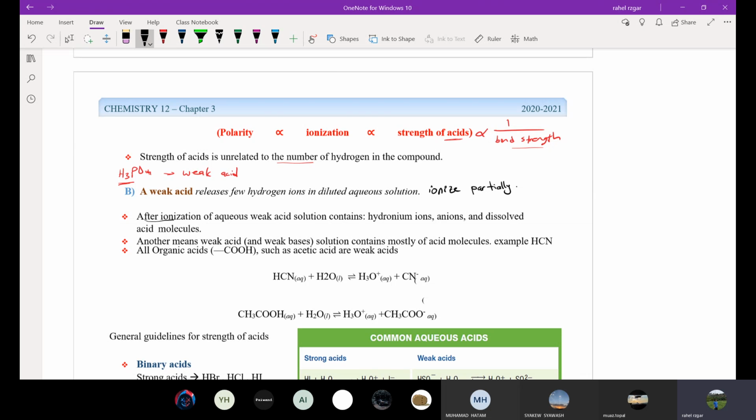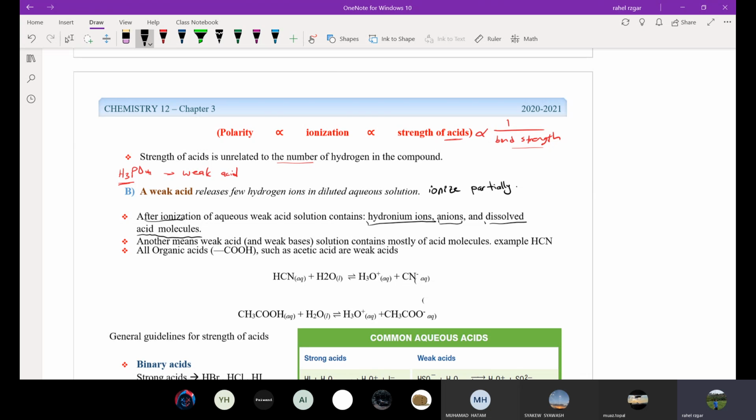So when it says ionize partially, after ionization the aqueous weak acid solution contains one hydronium ion, an anion, and dissolved acid molecules. So we don't have a problem with the solution.